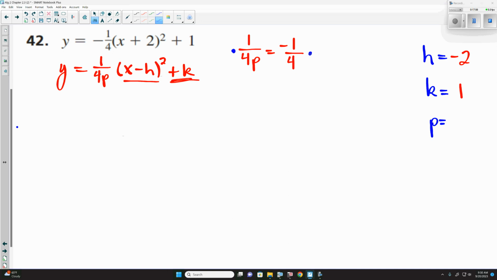Right, because we set 1 over 4p equal to -1/4 because they are in the same location, yes? That's why we're doing this step here. Now we need to get p out of the bottom of the fraction. So we're going to multiply both sides by 4p. Now as we saw in the last one, this 4p and this 4p will simplify, leaving us with 1.